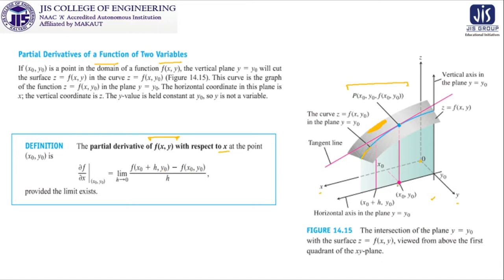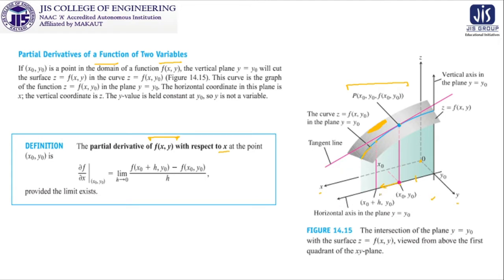So this is your x0, this is your x0 plus h, because this is the increment in the x direction. But y is equal to y0 is fixed, so it is (x0, y0). It is (x0 minus h, y0). This is (x0 plus h, y0). At this point the functional value is here, and at (x0, y0) the functional value is here.